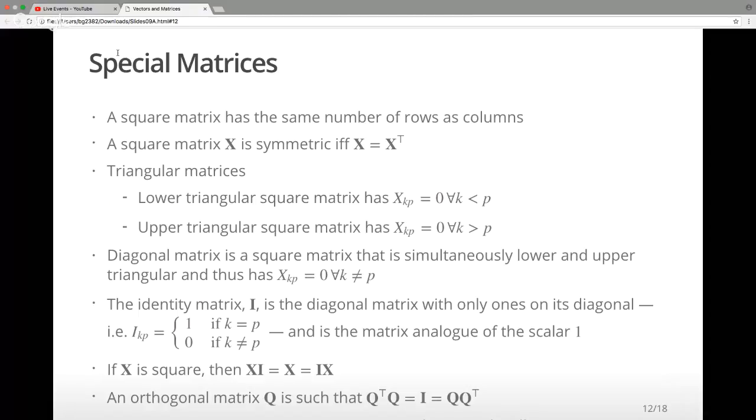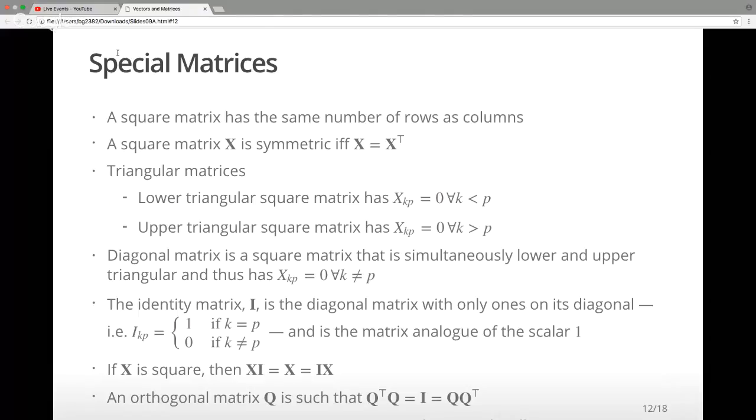A diagonal matrix is a square matrix that is both lower triangular and upper triangular. So it has zeros everywhere except along the diagonal. It can have zeros along the diagonal as well, but the diagonal is free, whereas in the lower triangle and the upper triangle, it has to be 0.